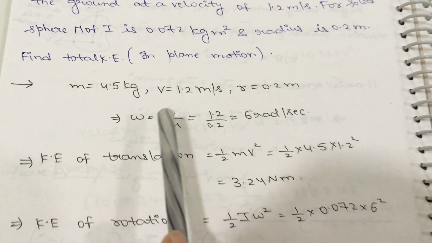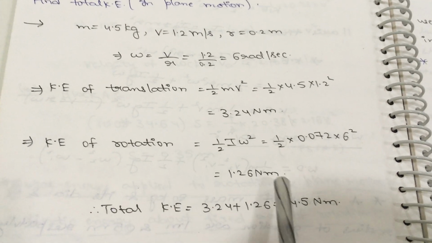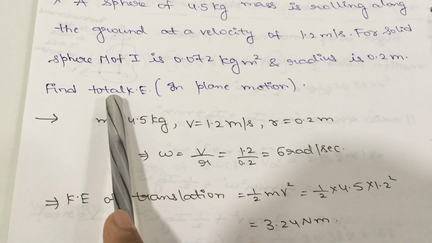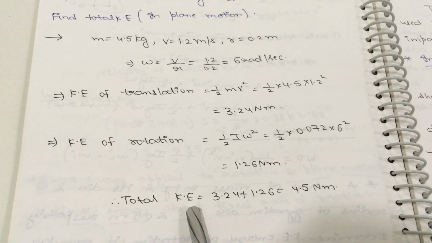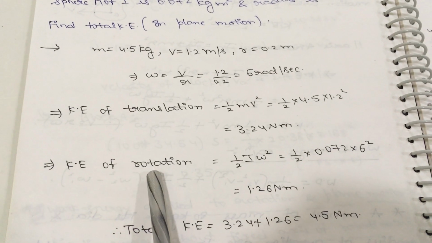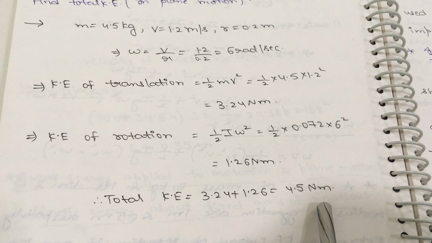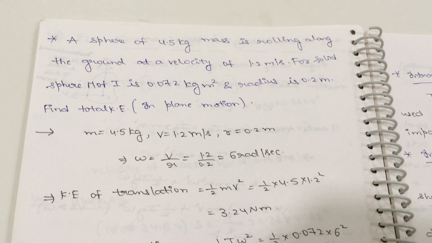Now substitute this omega value and I value in the kinetic energy in the rotational motion formula. You will get the value. Now in the plane motion, they are asking us to calculate total kinetic energy. So total kinetic energy is equal to summation of kinetic energy in the translation motion and kinetic energy in the rotational motion. So you will get the value in terms of Newton meter. So this problem will come under the plane motion.